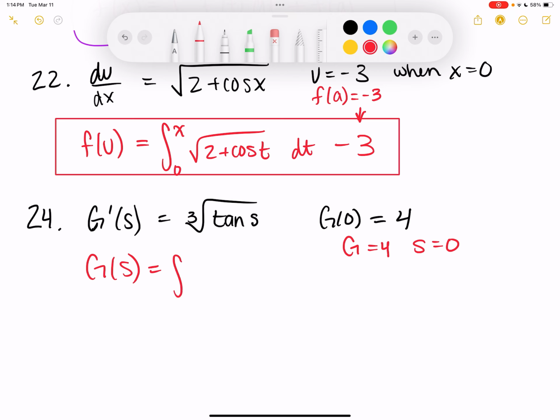Anyways, the integral now from 0 to x of the cube root of the tangent of t dt, plus 4.